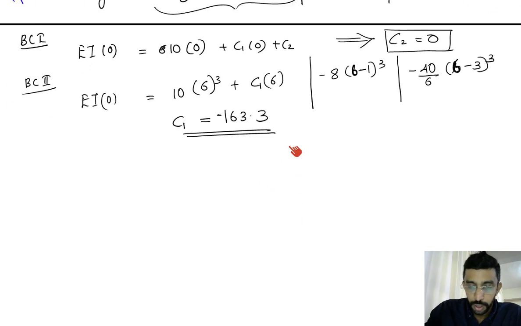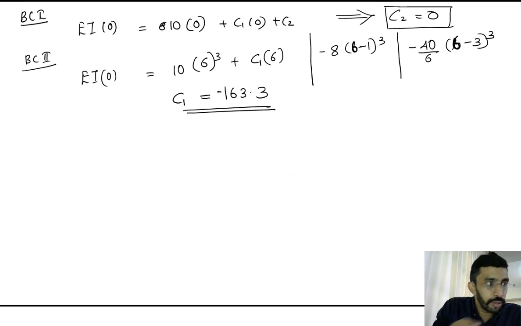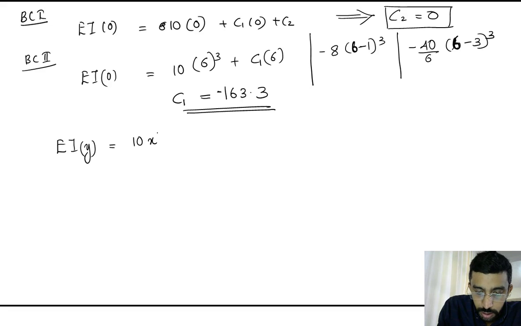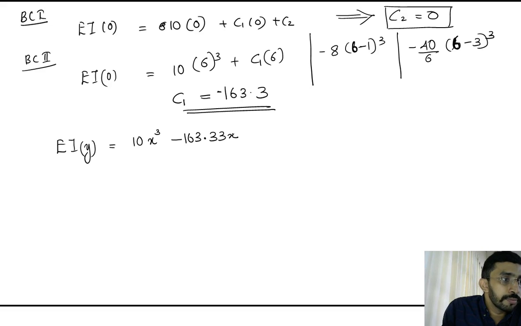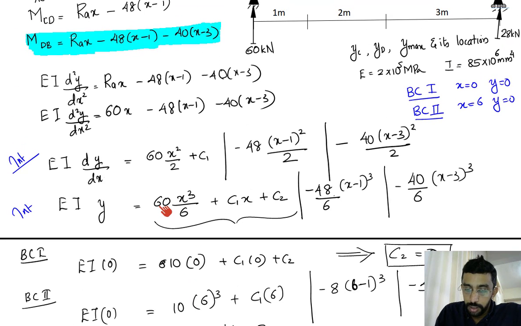Let's proceed. So when we rewrite this equation, how is it going to be? It is going to be EI into y is equal to 10x cube minus 163.33x, right? That's how the equation is. If you look here, 60 by 6 is 10, 10x cube plus C1x plus C2.